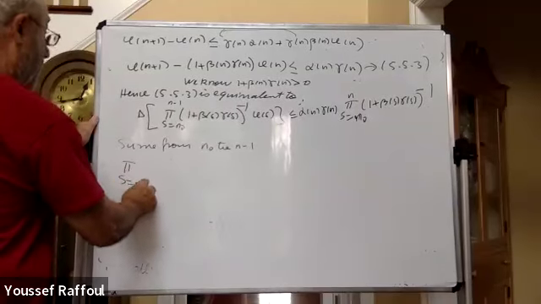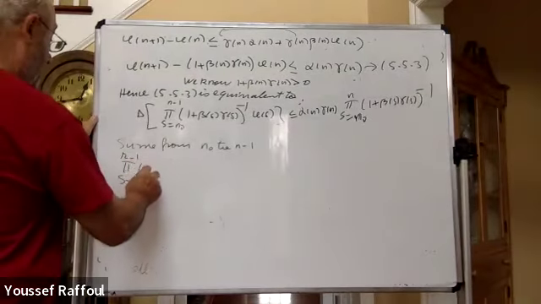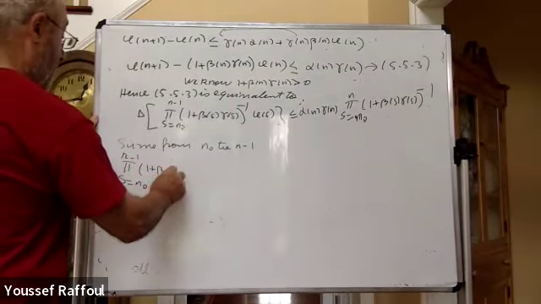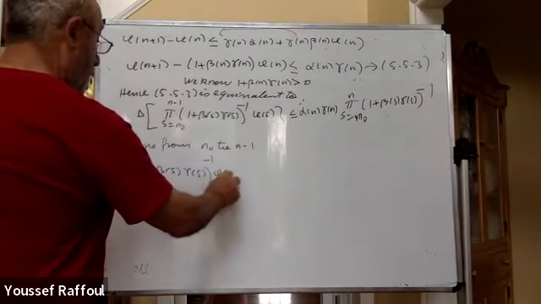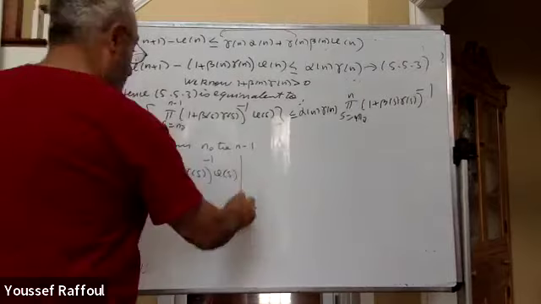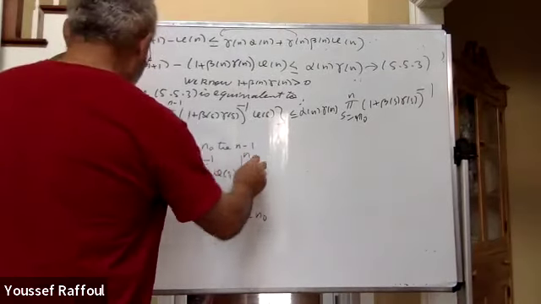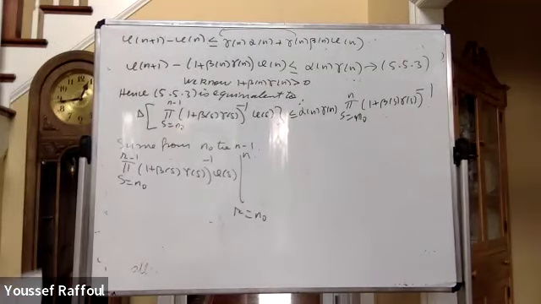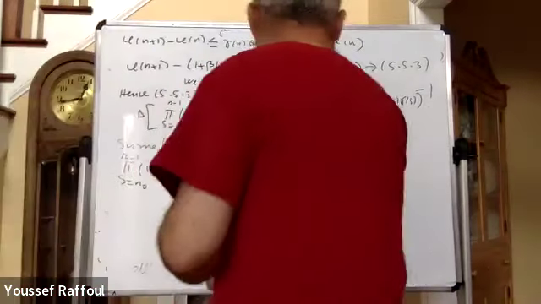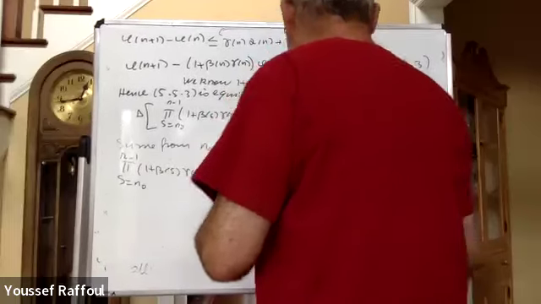So we're going to get phi s, the product for r equal n0 to s minus 1 of 1 plus beta r gamma r to the minus 1, phi s from s equal n0 to n. Okay? And that is the sum for s equal n0 to n minus 1.